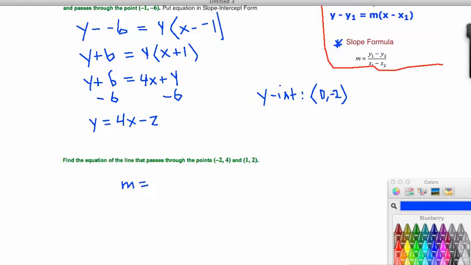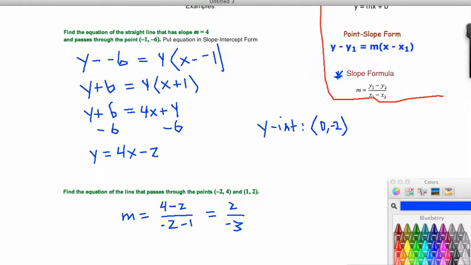M is going to equal the y1, which is 4, minus y2, over x1 minus x2. On the top we have a 2. On the bottom we have negative 3. So our slope here is negative 2/3, and you want to leave that as a fraction because that'll make things a lot easier.